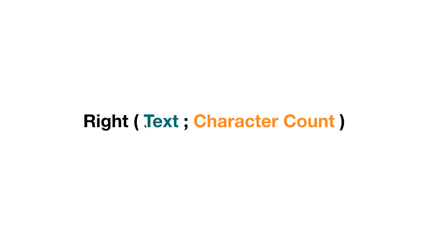Now, the right function consists of two parameters. Number one is the text itself, and number two is the character count. So the text is basically the original text, while the character count means, counting from the right hand side, how many characters I want to extract. It probably doesn't make too much sense at this point, so I want to use a real life example.